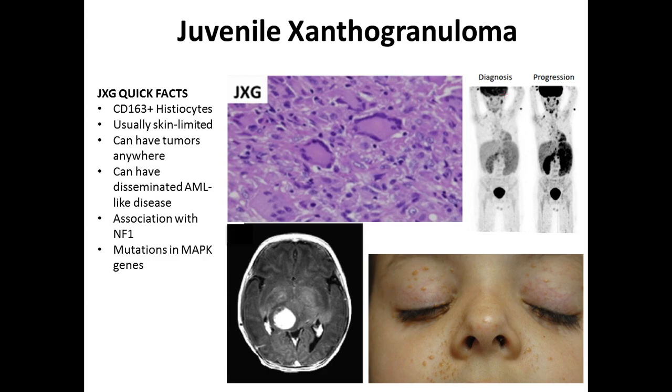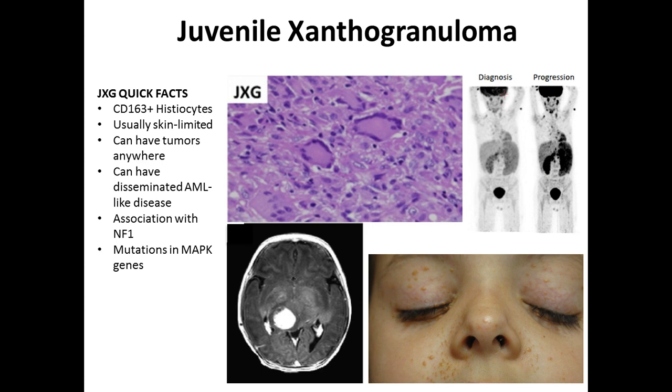All right, so one slide on JXG. So JXG is sort of like LCH, but more of a macrophage phenotype. The cells are 163 positive. They're factor 13 positive. It's very often skin limited. Again, this is one where dermatologists will often say, well, it's just in the skin, don't worry about it. But then if you dig deeper, a lot of the times we'll find these kids have neurofibromatosis or some other sort of RAS activating condition.